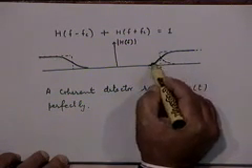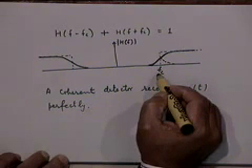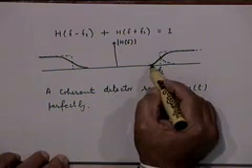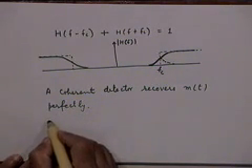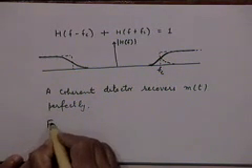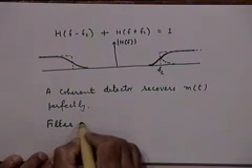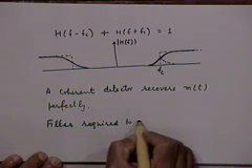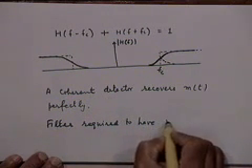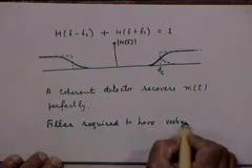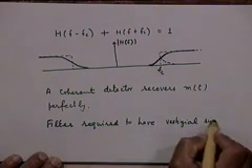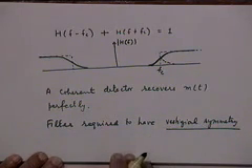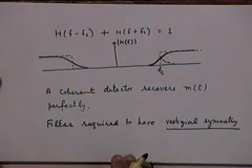So there is a kind of symmetry involved around fc, and this kind of symmetry that you want the filter to have is called vestigial symmetry. So the filter is required to have what is called vestigial symmetry. So the filter characteristics must have this vestigial symmetry.